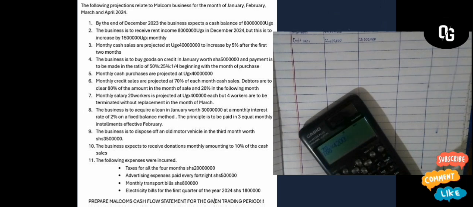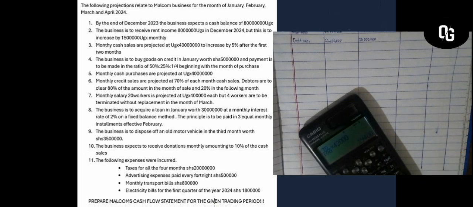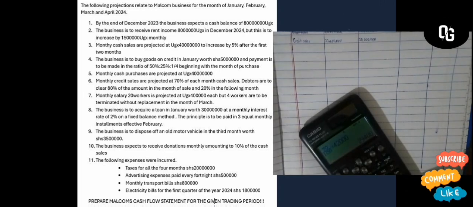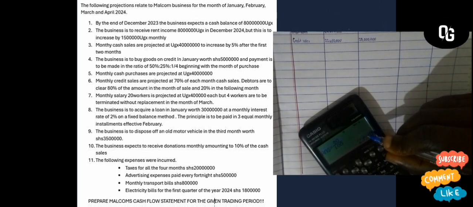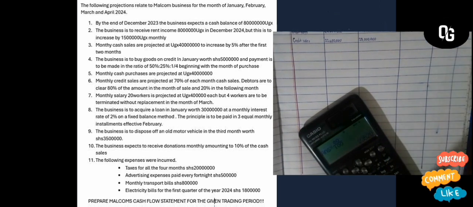Of course, a calculator is very crucial at this stage of the cash flow statement.